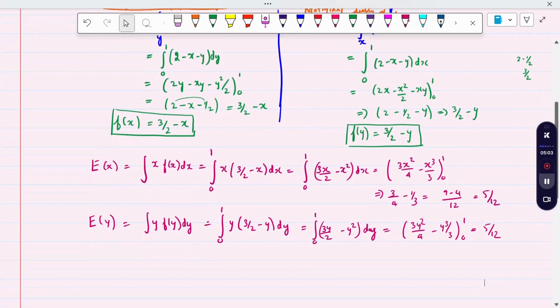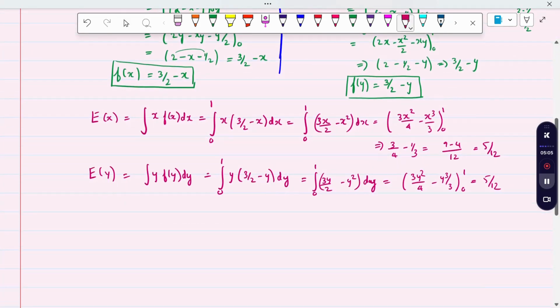E of xy we have to do. E of xy is the double integration over xy into f of x comma y, which is given in the question as 2 minus x minus y, dx dy. Both limits are 0 to 1.